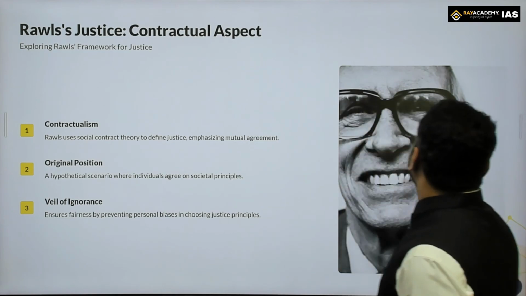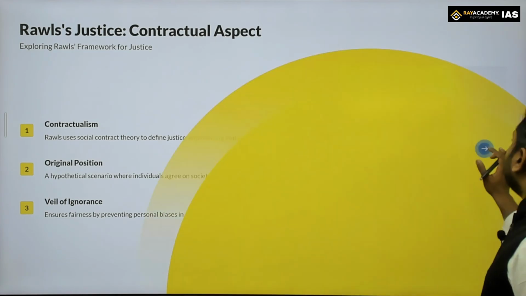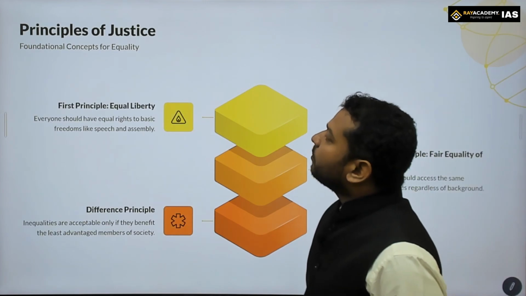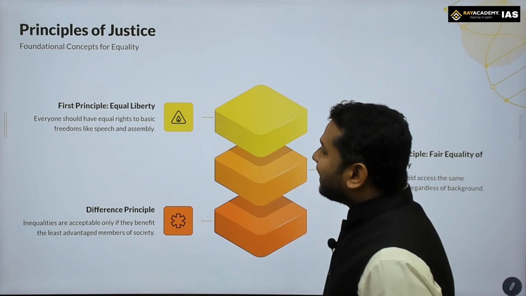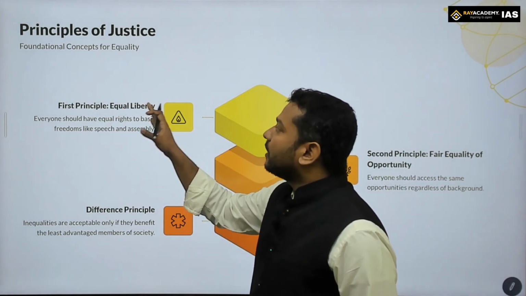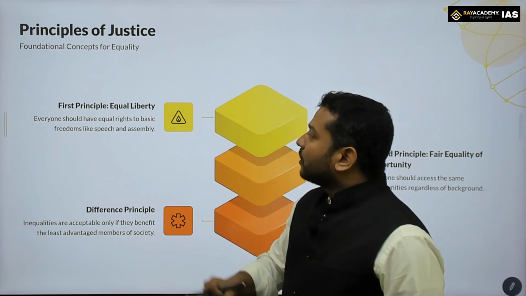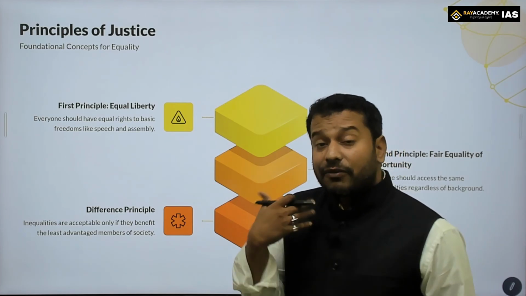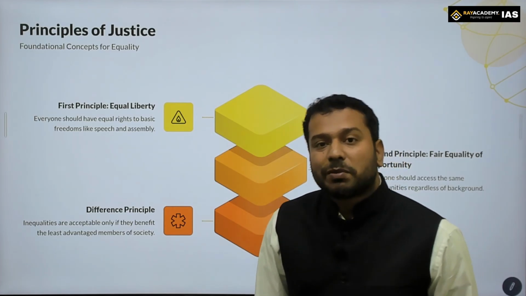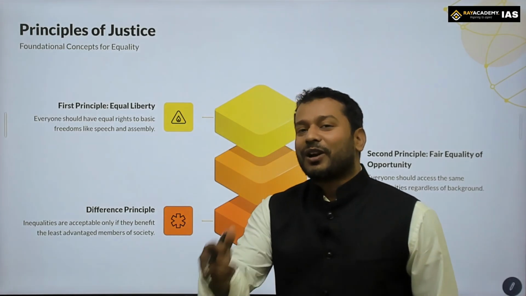At the same time, if you look into more principles of justice, the foundation concepts of equality, he is saying the first principle of justice is equal liberty. Okay, so equal liberty: everyone should have equal rights to basic freedoms, like freedom of speech and expression, freedom to assemble, freedom of life.